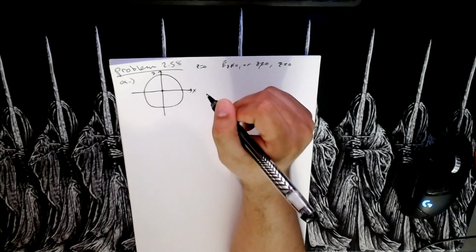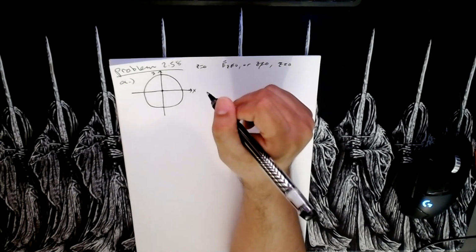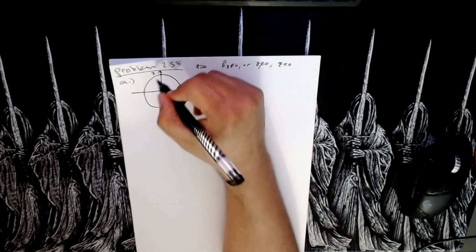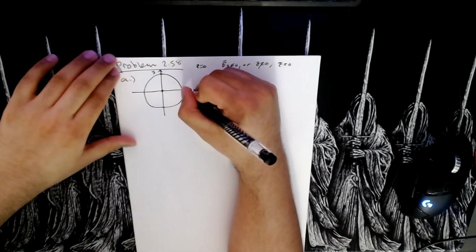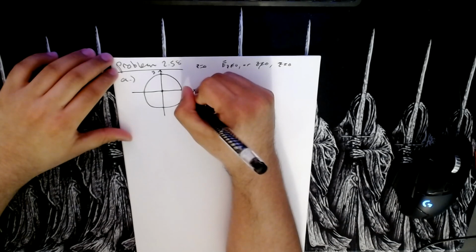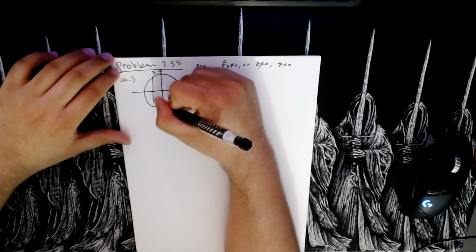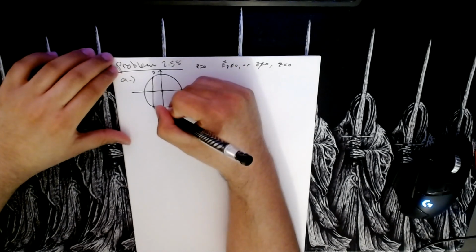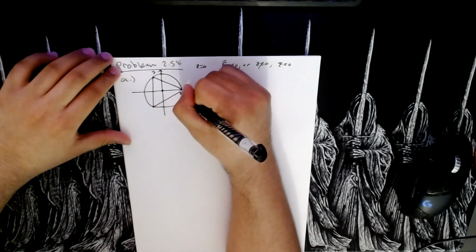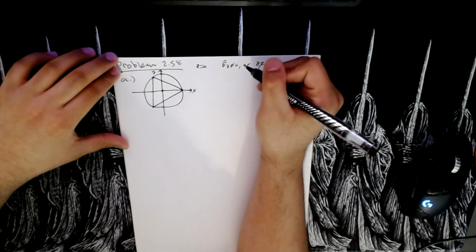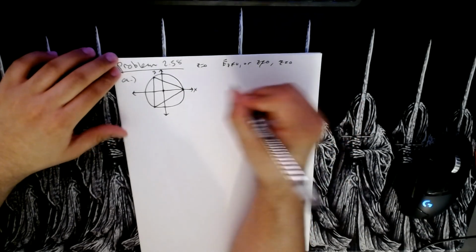There are a few ways we can draw this equilateral triangle. You can start from one point and then draw your triangle. I'm going to start with one of my vertices here, so the other two will be over here, and that will be my triangle.